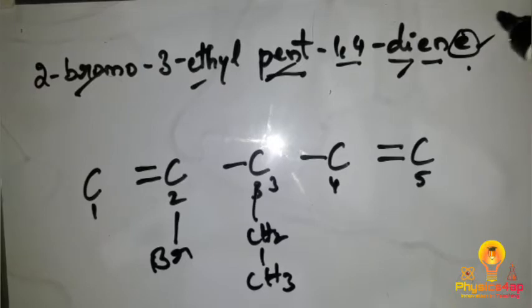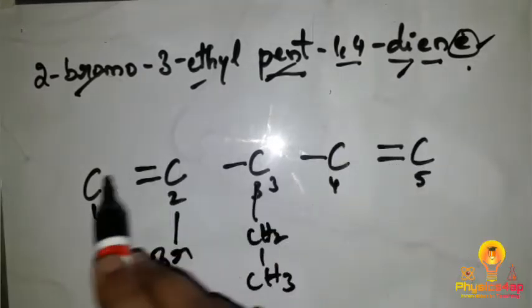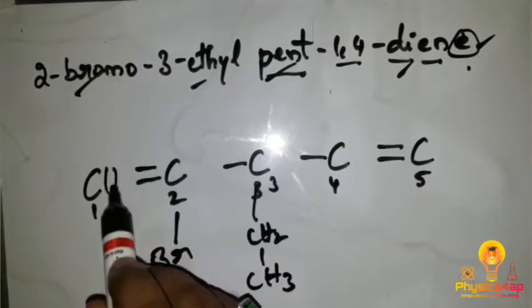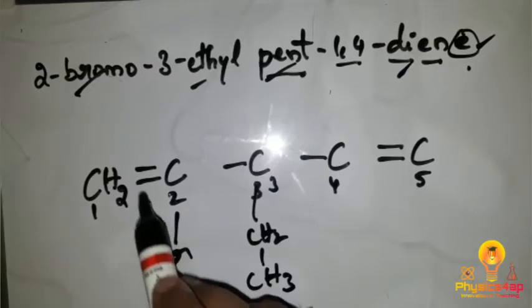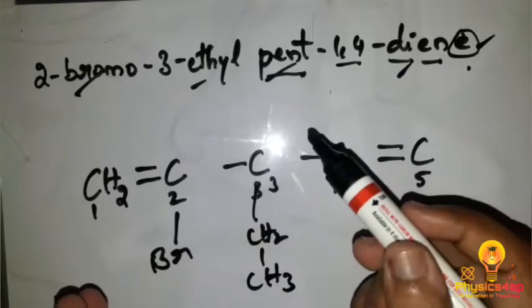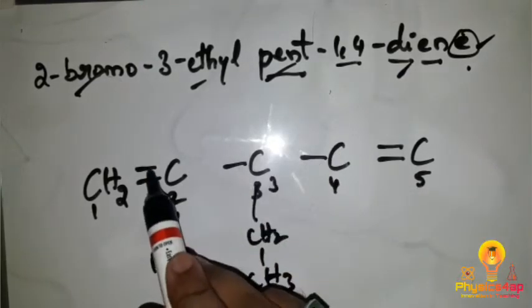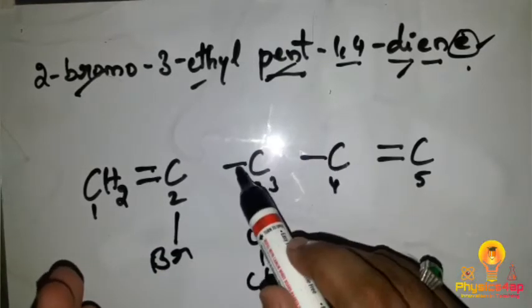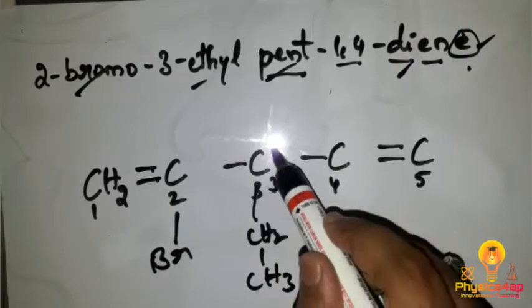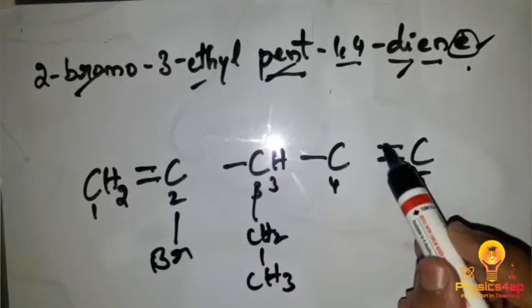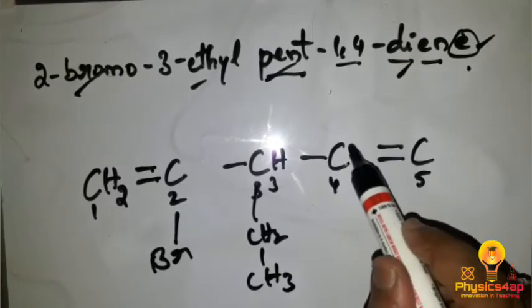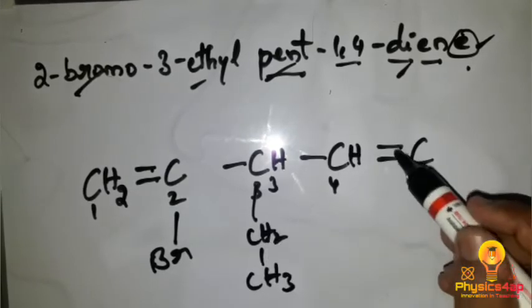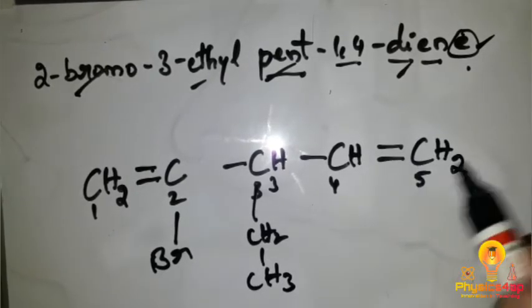Now it is time to fill up the hydrogens. Here 1, 2, 3, 4; already no need of drawing the hydrogens over here, because this carbon has 4 bonds. Now for this carbon, 1, 2, 3, so 1 hydrogen is left here, and 1, 2, 2 hydrogens.